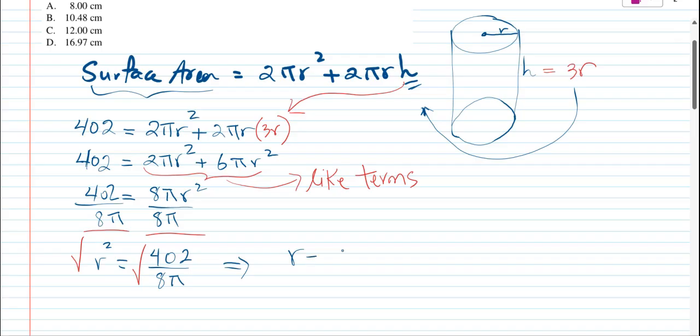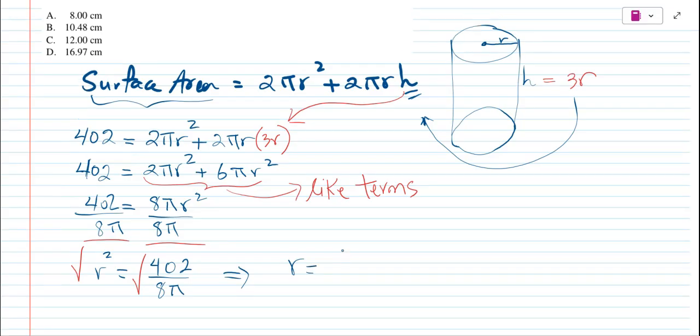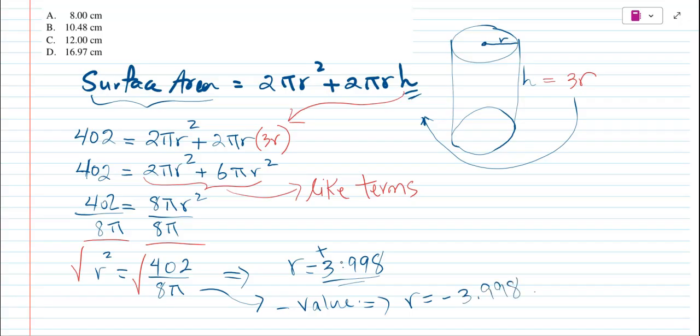r equals 3.998. One thing I didn't say is that the value of r in this case is positive. Technically, this also gives you a negative value, so you could also get r equal to negative 3.998.